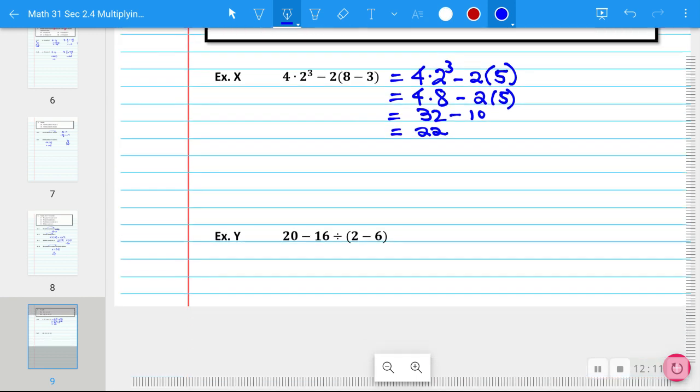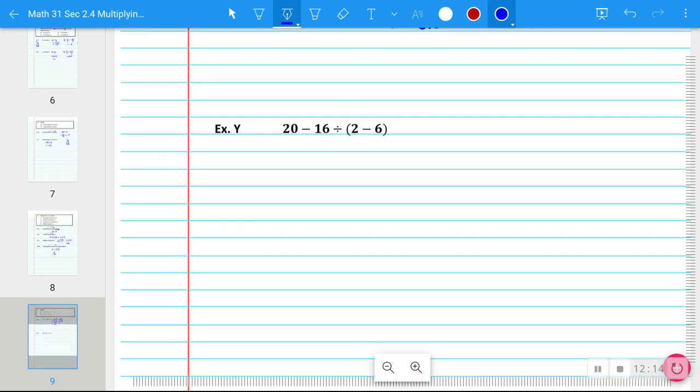Okay, one last one here, example Y. I think it is. Let's see, is there any more? Yeah, this will be the last one here. The order that we have to do it in is parentheses first, then division, and finally subtraction. So that's the order you have to do these in. And we're going to start by copying down everything that we're not working on.